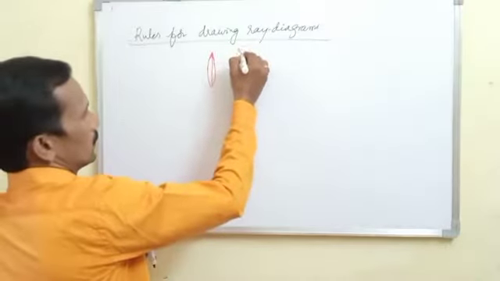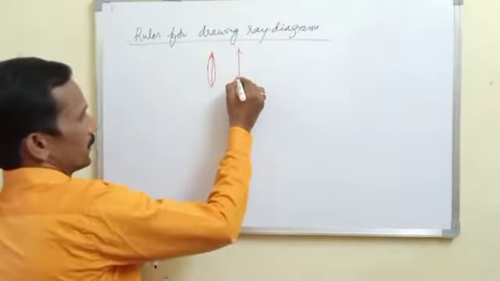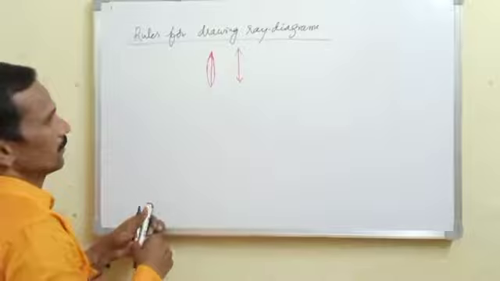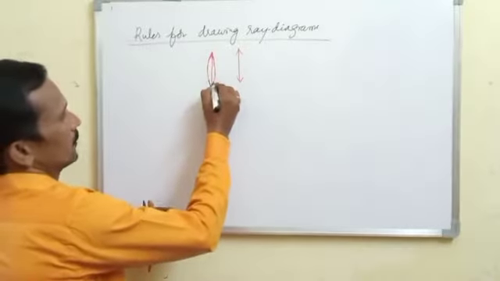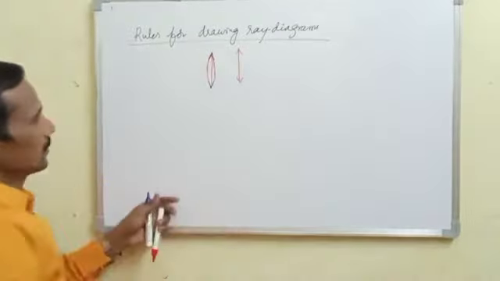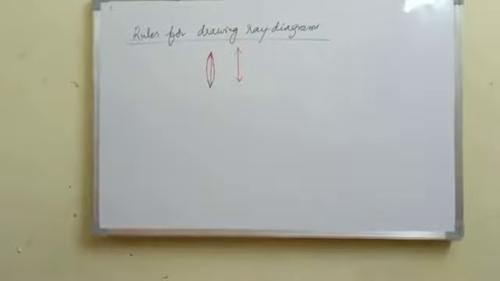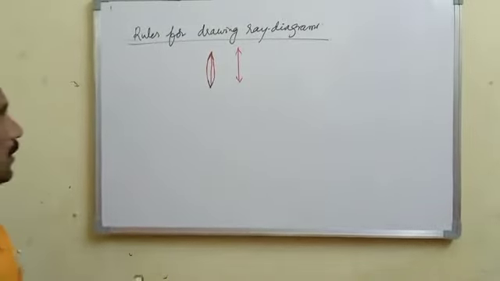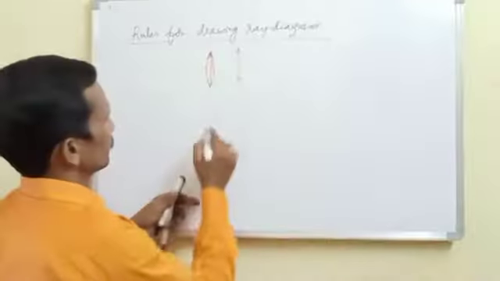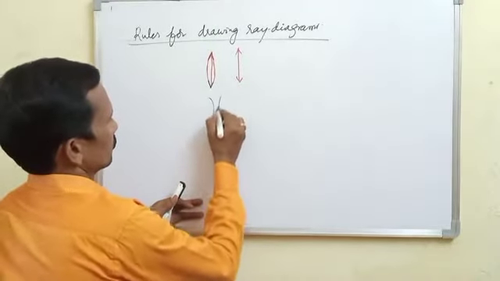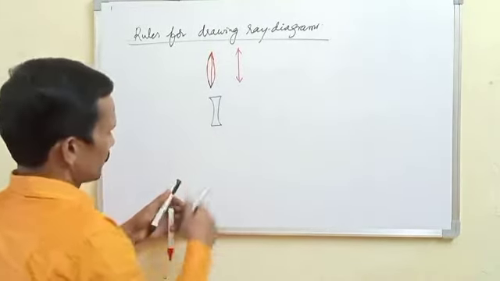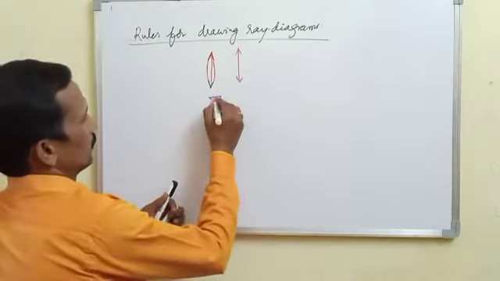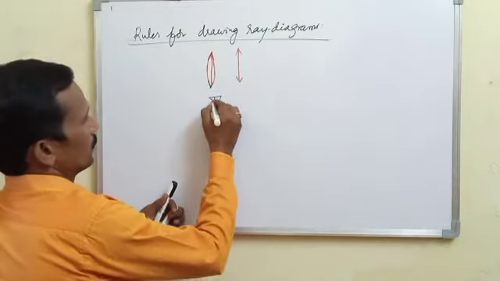For our convenience, for very thin lenses, this convex lens is represented as an arrow mark like this. And this concave lens is represented like this. How is this?